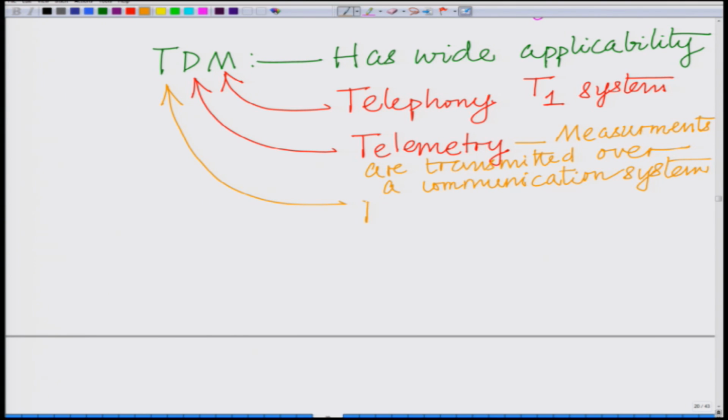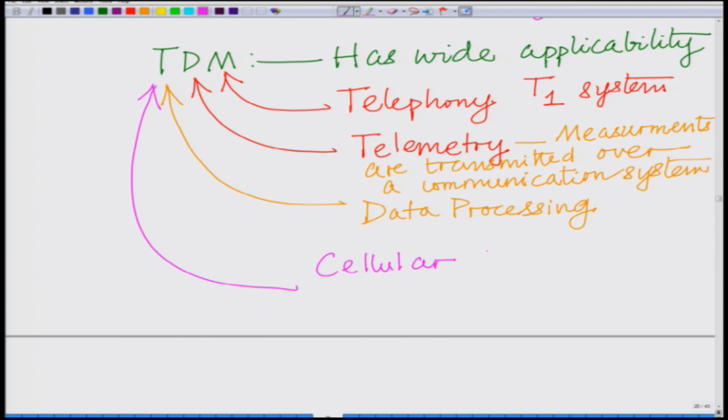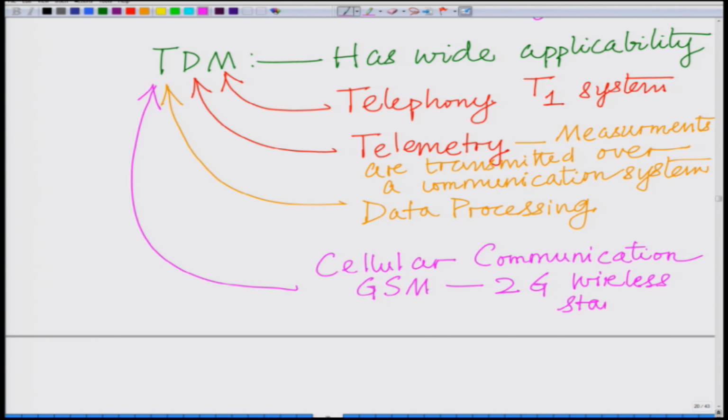It is used in data processing, and as we have said, in cellular communications, for instance GSM, which is a 2G wireless standard. So, it has a large number of applications.